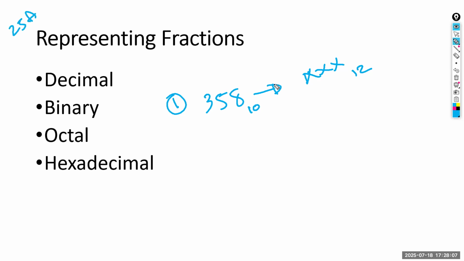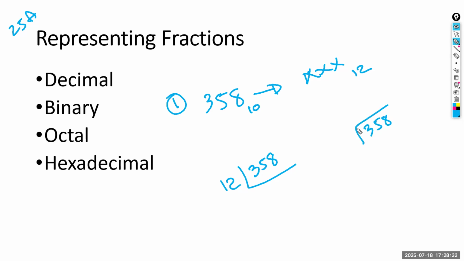So if you are supposed to convert to base 12, your task is to divide by 12. When you convert to base 16, you divide by 16. When you convert to binary, you divide by 2. So to convert to base 12, you divide by 12. Obviously, right? So let's do it.